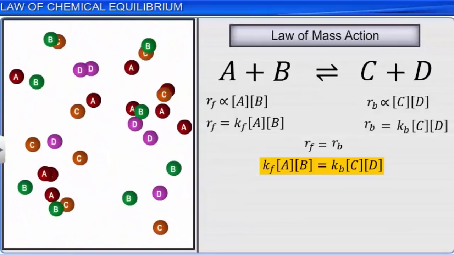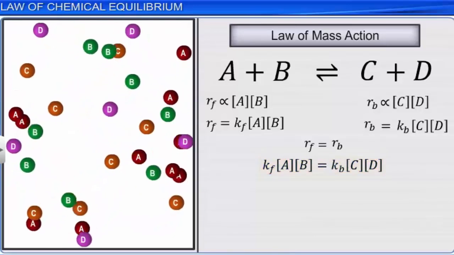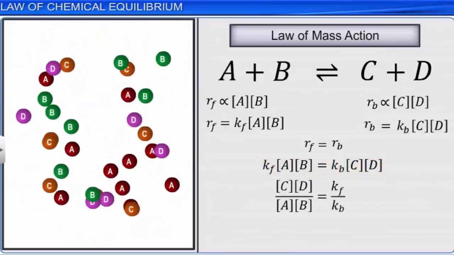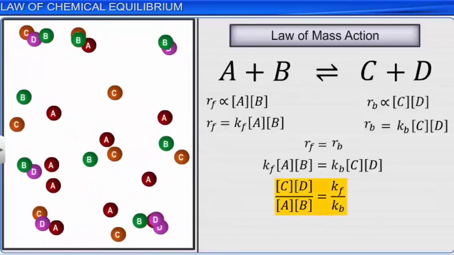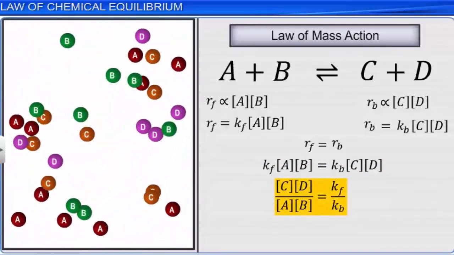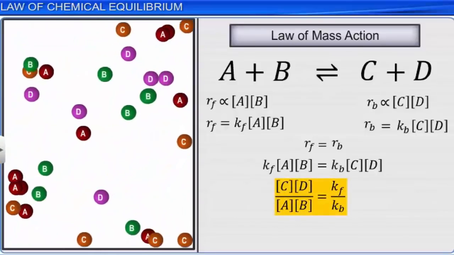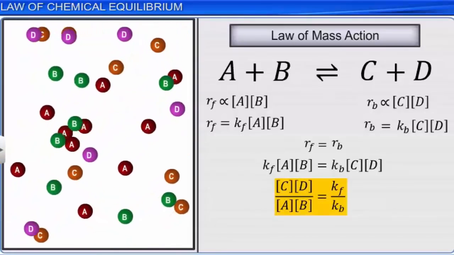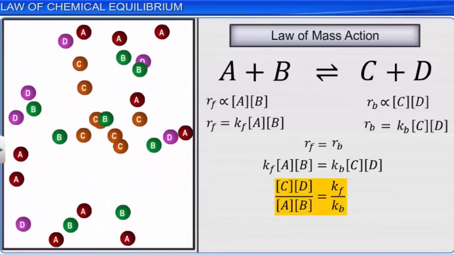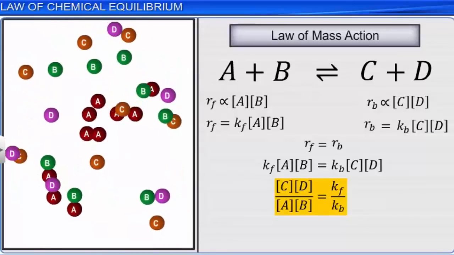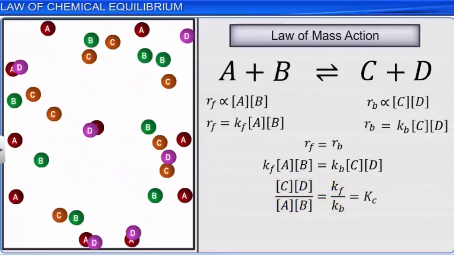Or, this can be written as the product of the concentrations of products C and D divided by the product of the concentrations of reactants A and B is equal to Kf divided by Kb, which is equal to a constant Kc.